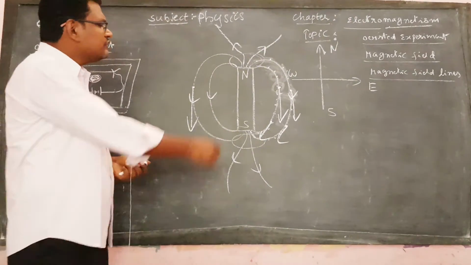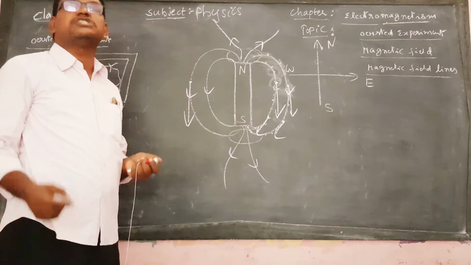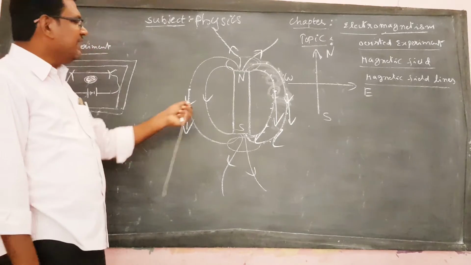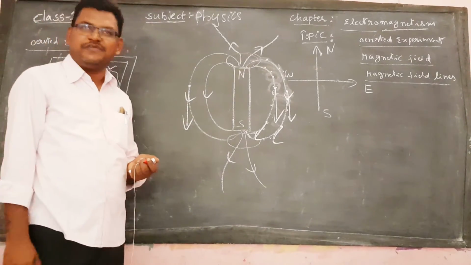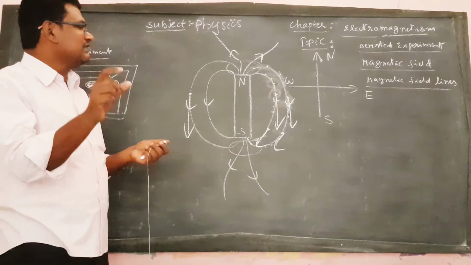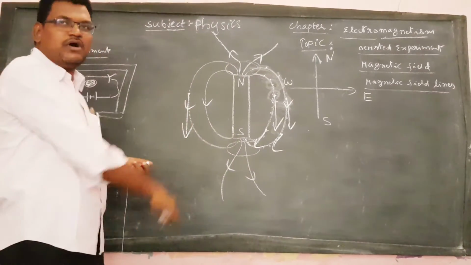And where the magnetic field lines are separated by a large distance, the strength of the magnetic field is less. Now see here, the magnetic field due to a bar magnet is called a non-uniform magnetic field. Why is it called non-uniform? Because the strength and the direction of the magnetic field are different at different points.